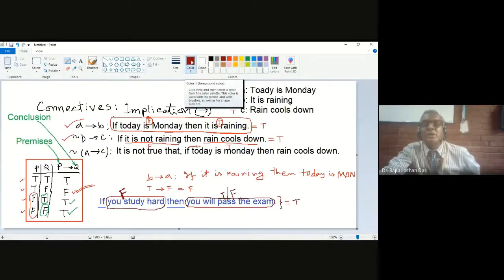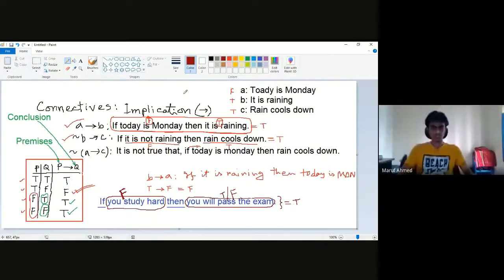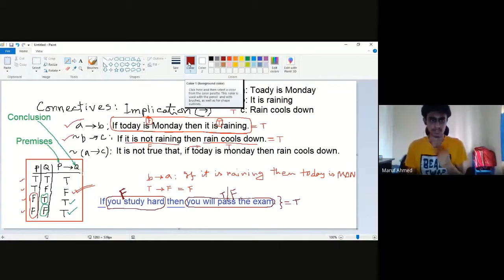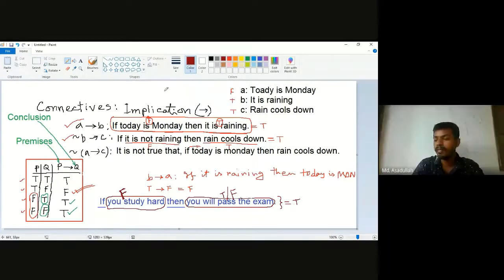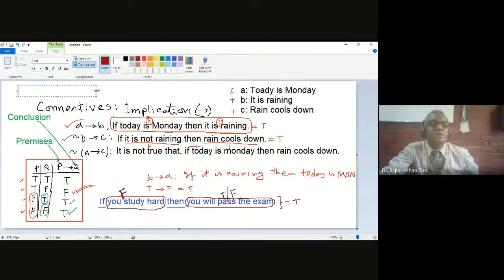Let me give you another example which is very, both false will be, both being not true. If I did not study hard, then I'd fail. Okay, this is often false. Sir, if I am elected as a chairman, I'll do a lot of development. Yes, good example. Okay, false and false. Yes, it is a good example.